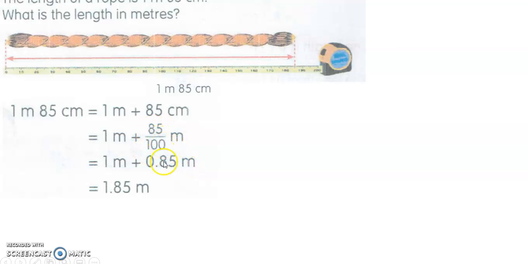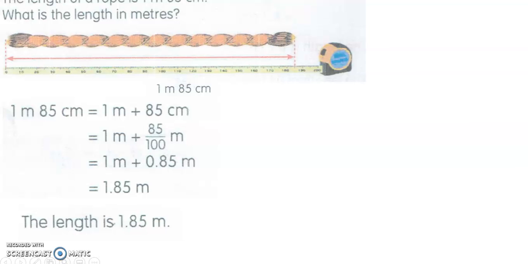In decimal form we say 0.85 meters, and just adding the whole number with the decimal number, this will be 1.85 meters. If you look here, we just converted the length from being measured in meters and centimeters into being measured in only meters.